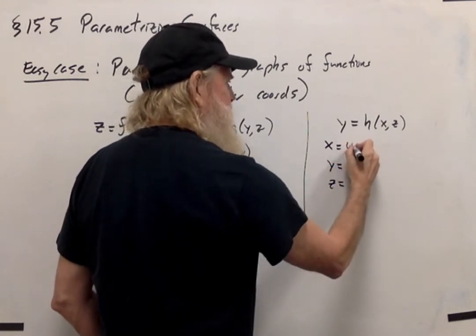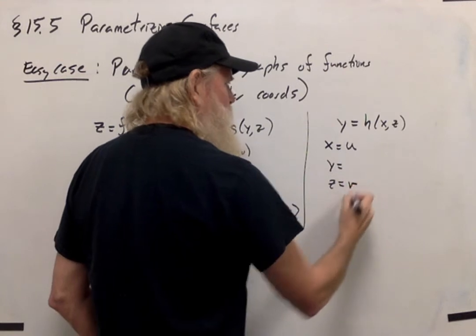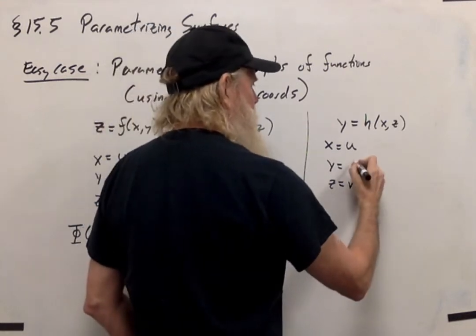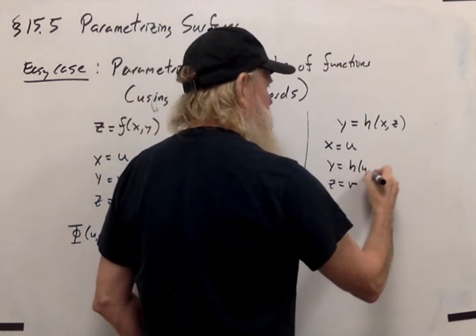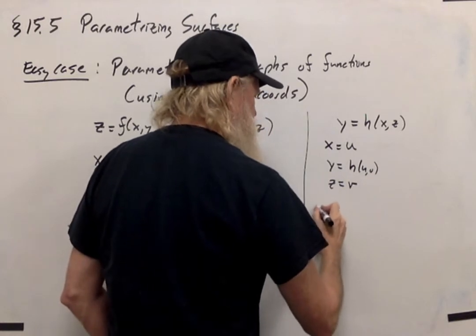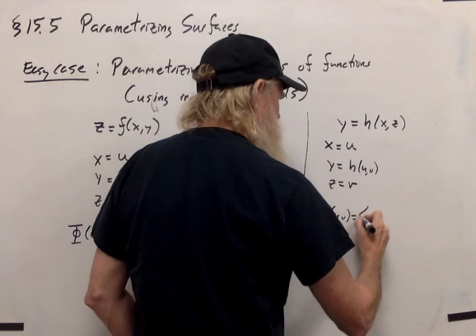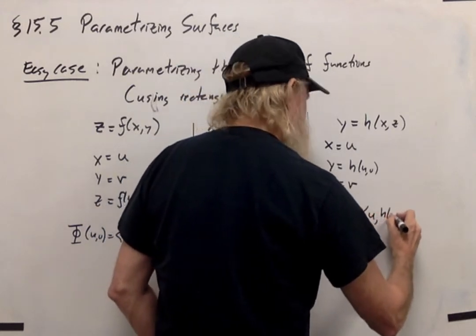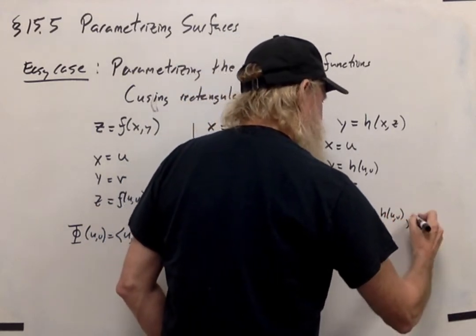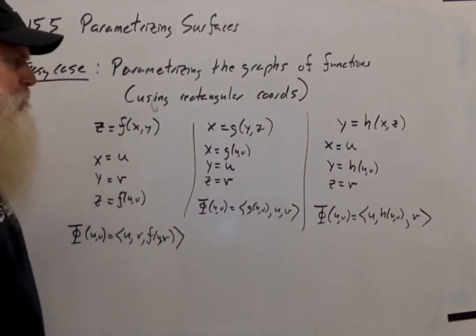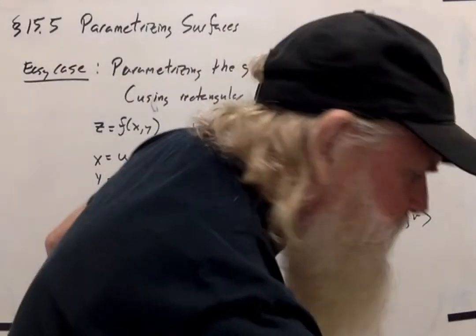This time I can let x equal u, z equal v, and then y is going to be h of u and v. So my parameterization looks like phi of u and v equals u, h of u and v, and v. So let's look at a bunch of examples.